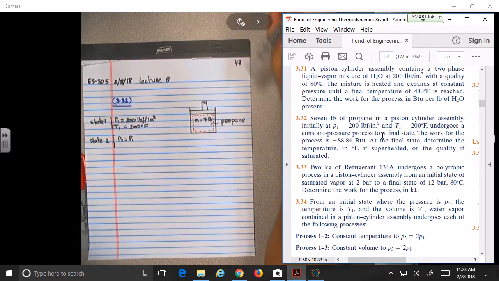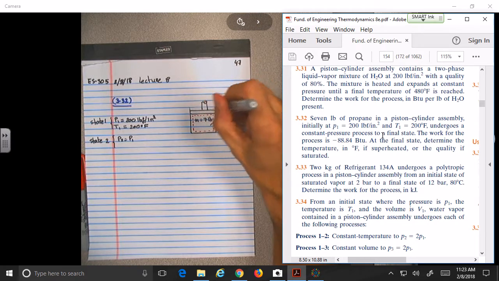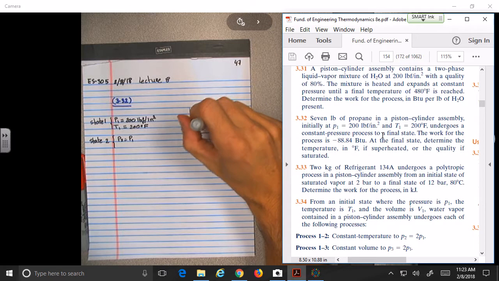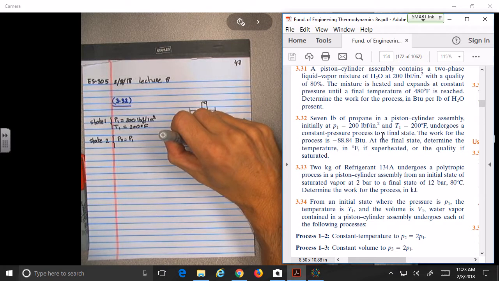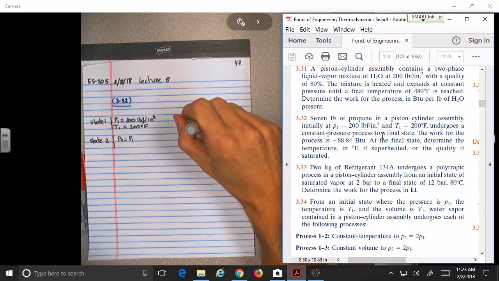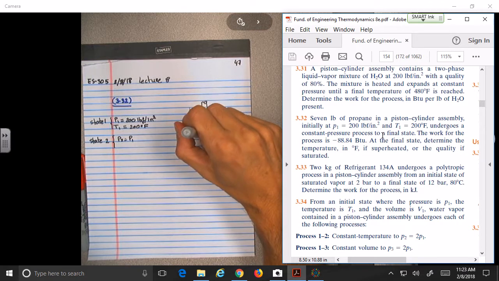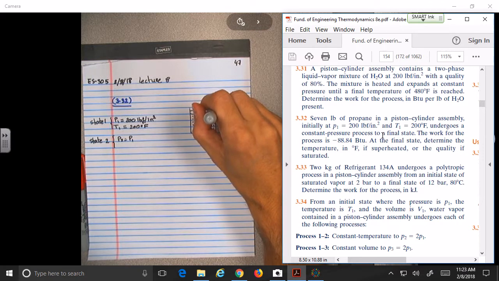Remember, the sign convention for the textbook is different than the one we have in the class notes. For us, heat and work going into the system are positive, and the ones coming out are negative, no? For the textbook, it's the same sign convention for the heat: heat going in is positive, heat going out is negative, but it's reversed for the work. So if in the textbook they tell you that the work is negative, what does that mean?